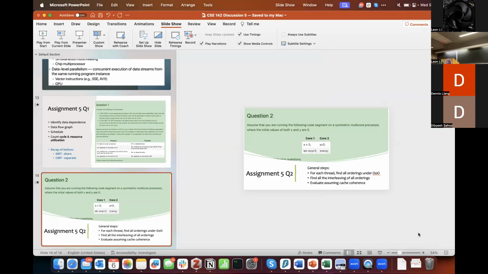For 2B for assignment 5, it asks if you wanted to make the system sequentially consistent, what are the key constraints you need to impose? I was trying to think of how to answer that. When dealing with this kind of question, we only learned one technique: you want to enforce some ordering on the execution.